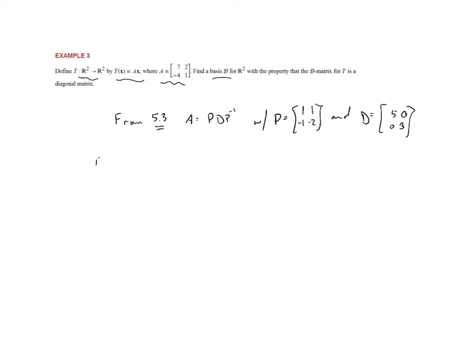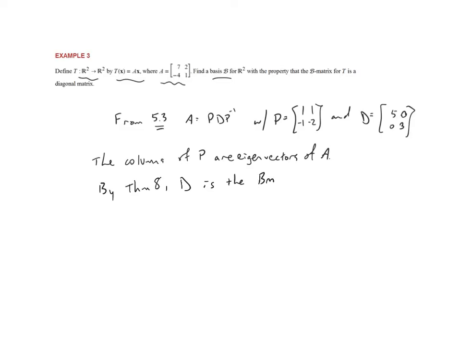And the columns of P are eigenvectors of A, also the entries along the diagonal of D are the eigenvalues. So then we'll say by theorem 8, D is the B matrix for the transformation T when our basis is b1, b2.